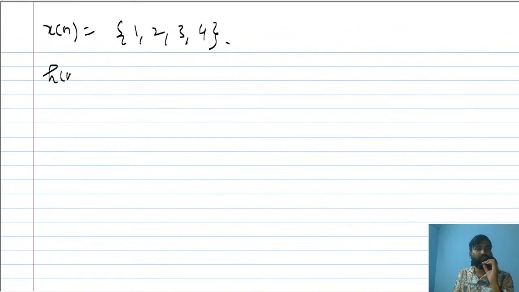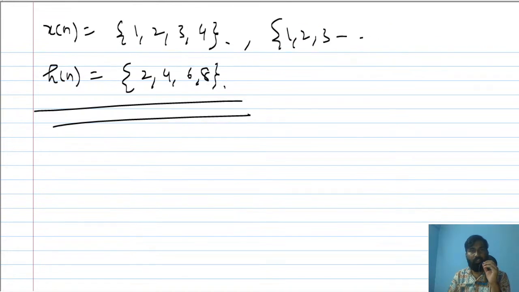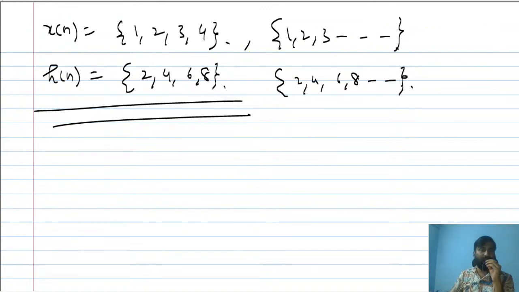They will give you h of n, we will see what is the meaning of h of n. 2, 4, or they can give you an infinite or finite number of sequence. They can also give like 1, 2, 4, 8. So you have to understand this is a discrete time sequence or discrete time signal.